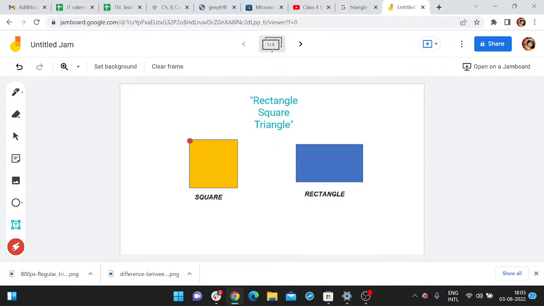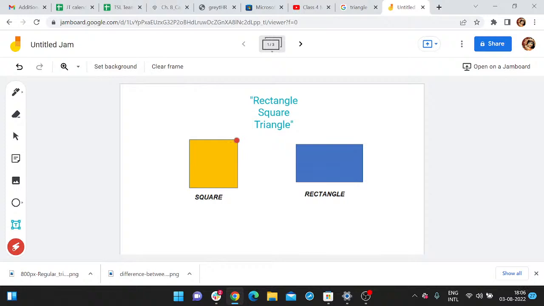So the first thing about a square is that all its sides are equal. Also, the opposite sides are parallel to each other. I mean the opposite sides over here, this and this, are parallel to each other.